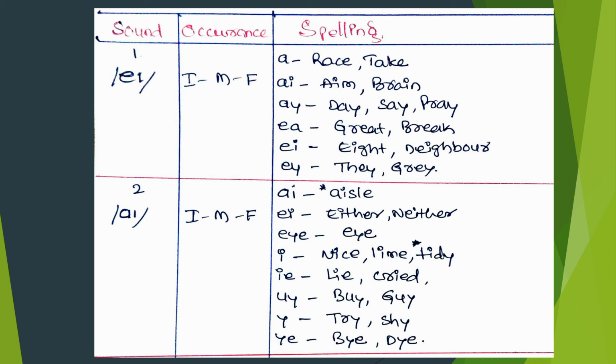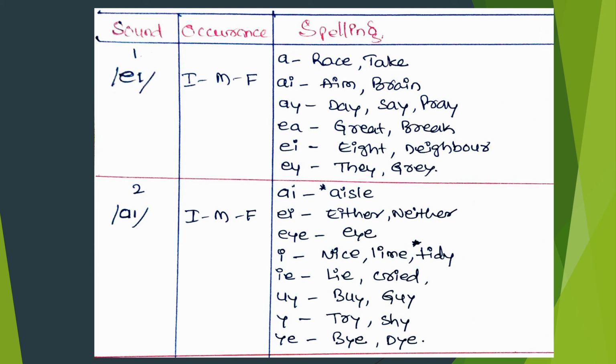Okay, now spelling. This sound I is represented with the letters AI in words such as AISLE, that is aisle. It's a narrow passage between two seats in a bus.